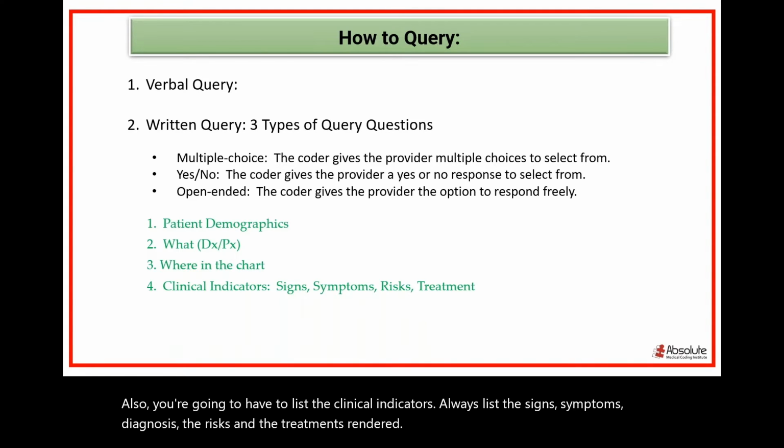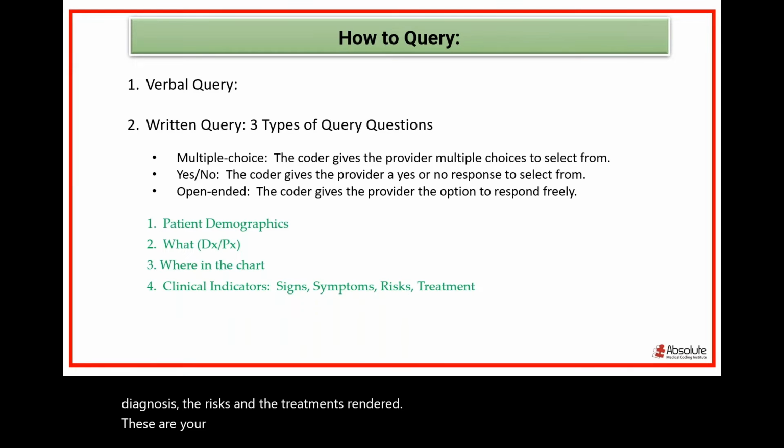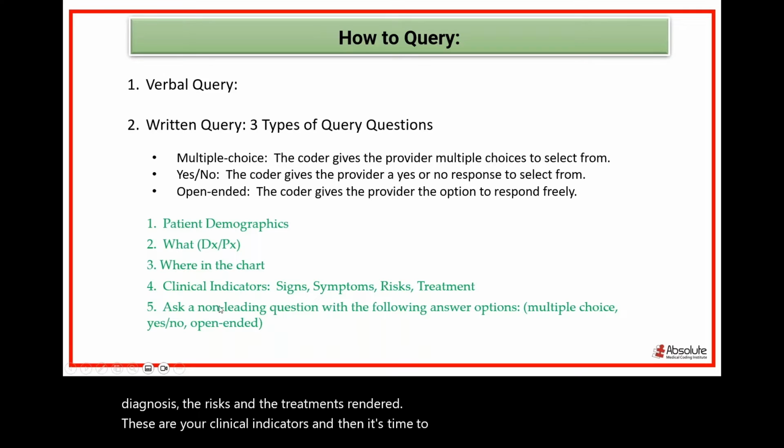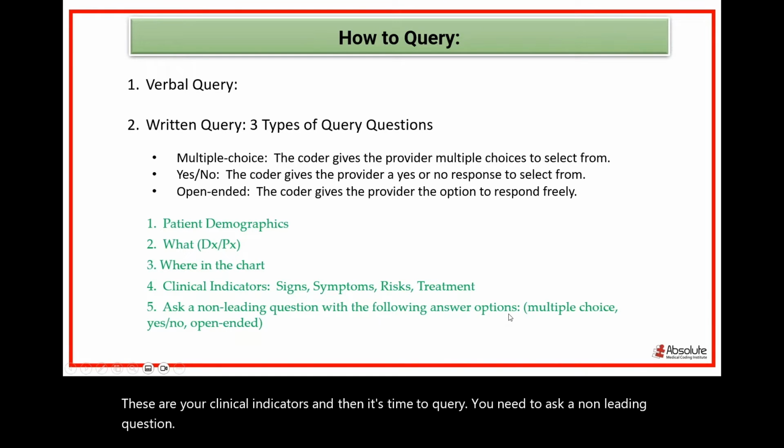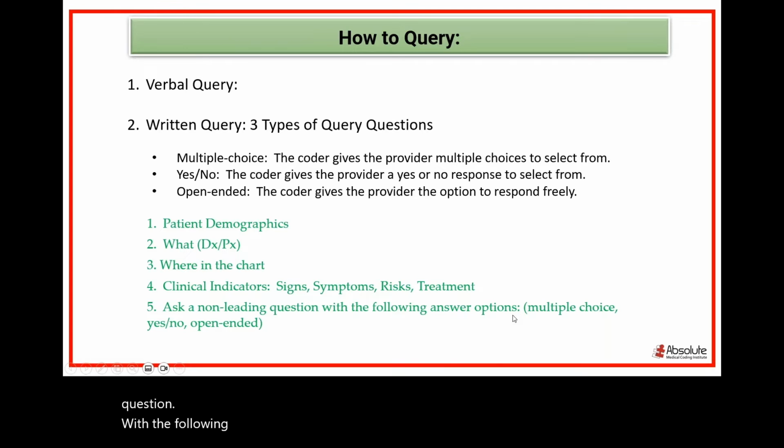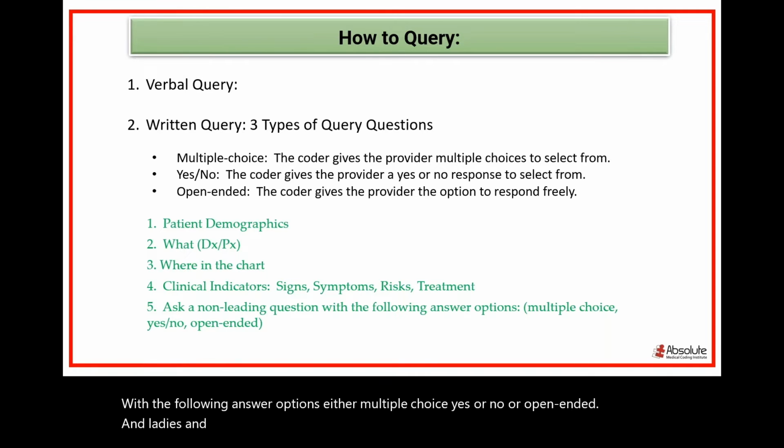These are your clinical indicators. And then it's time to query. You need to ask a non-leading question with the following answer options: either multiple choice, yes or no, or open-ended. And ladies and gentlemen, this is how you construct a compliant query.